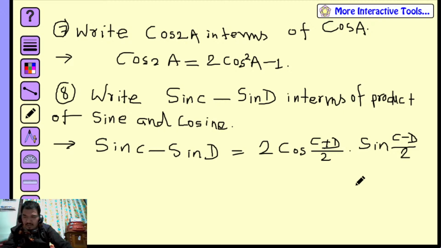Look at last year's questions. In group A there were this many questions only. In group B, questions 11 to 18, they will ask from trigonometry.